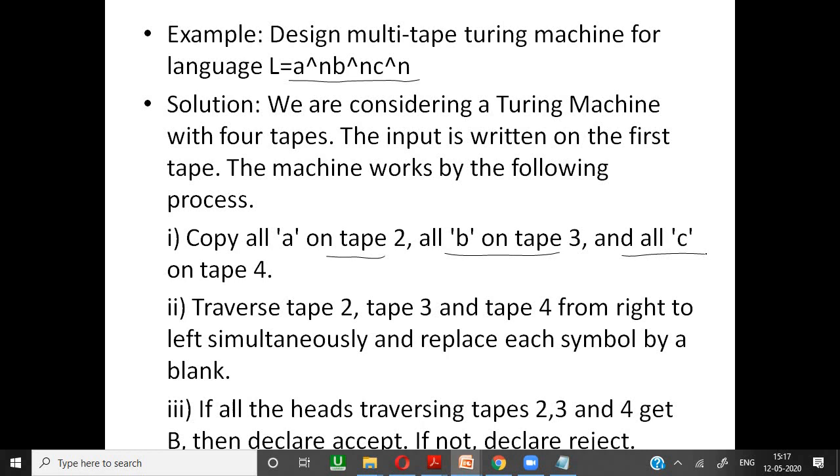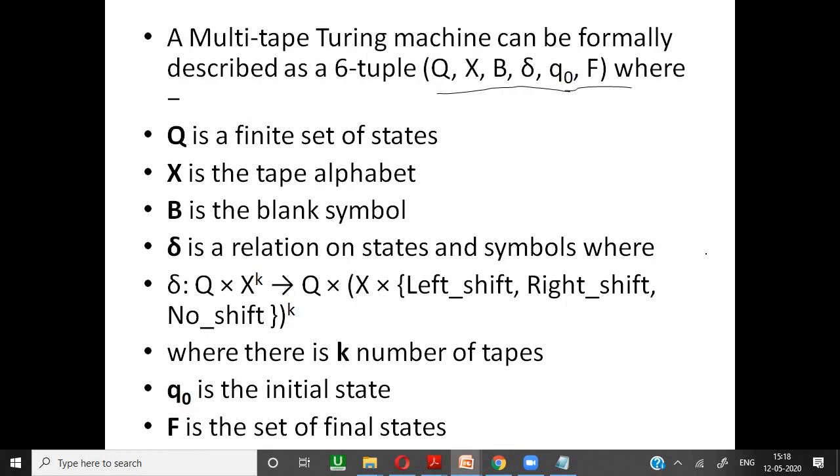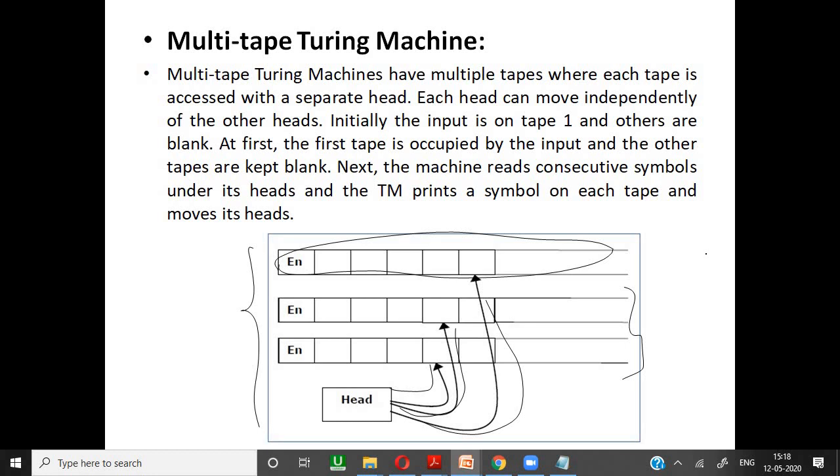So why do we require more tapes? If you have more tapes, execution time will be saved. That is the only reason. Assume I have a to the power of n, b to the power of n, say 3 a's and 3 b's. I want to work on this. Simply, all a's will be here and all b's will be here, so I copy all a's onto tape 2 and all b's onto tape 3.